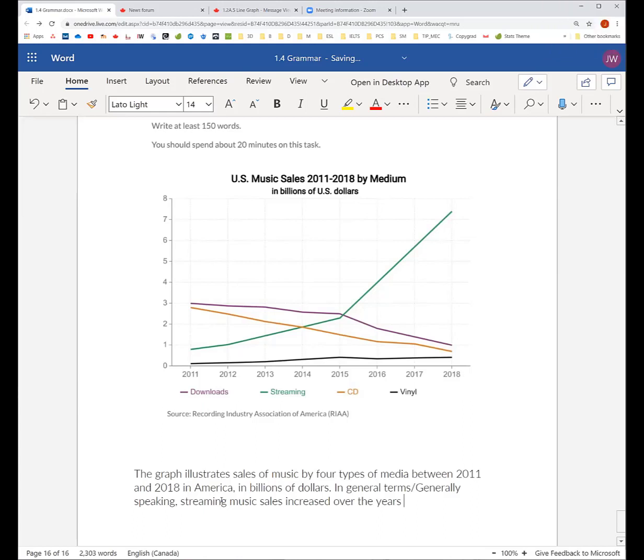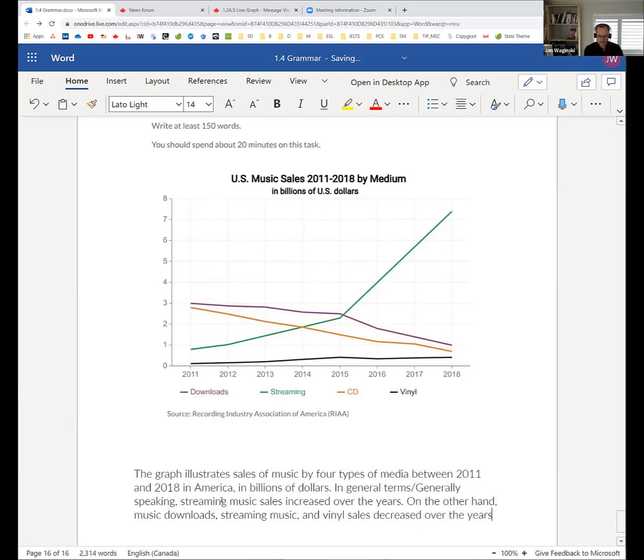On the other hand, download music, CD music, and vinyl music decreased over the years.